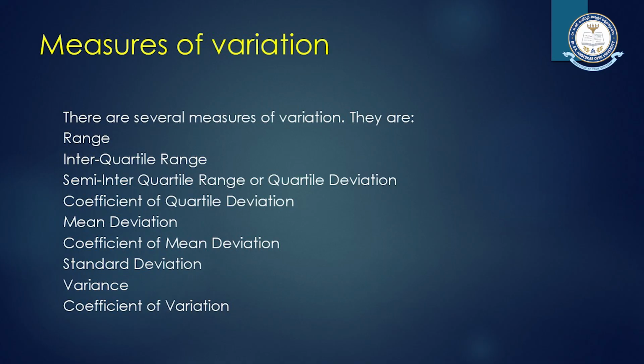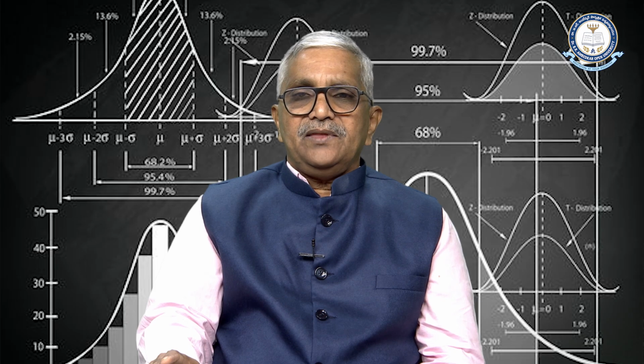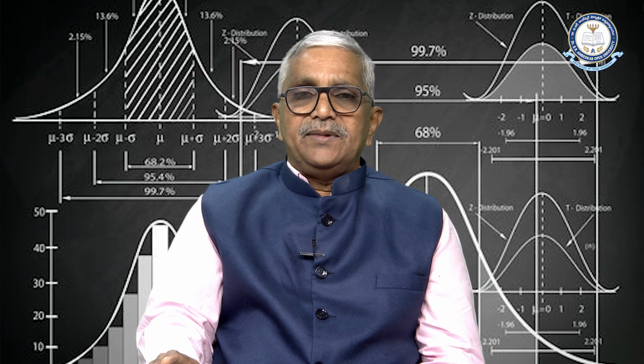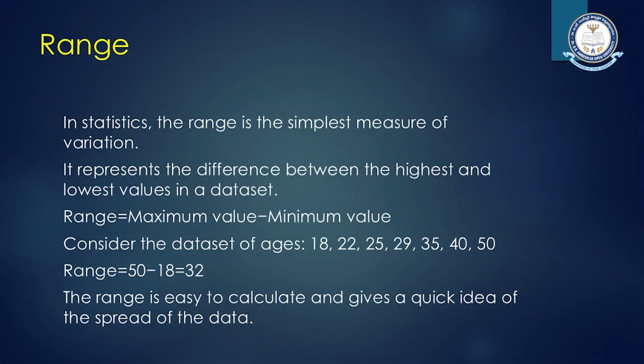In statistics, range is the simplest measure of variation. It represents the difference between the highest and lowest values in a data set. It means that by subtracting the minimum value from the maximum value, we get the range.